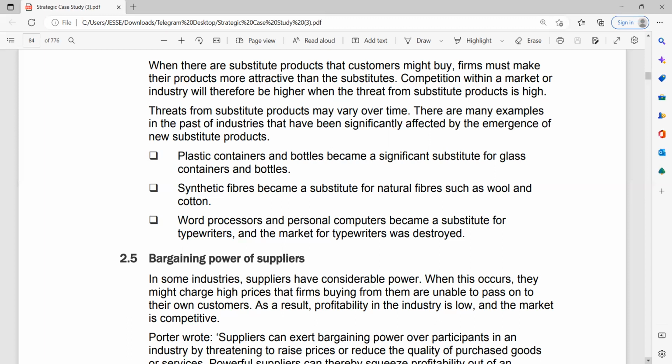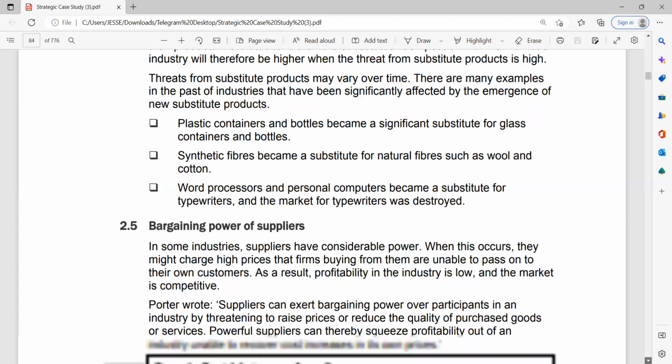In the past, glass bottles were the thing, and then it switched to plastic containers. If that switch is easy, then competition increases. If that switch is very, very hard, then competition decreases. In other words, if the threat from substitute products is high, competition will therefore be higher.